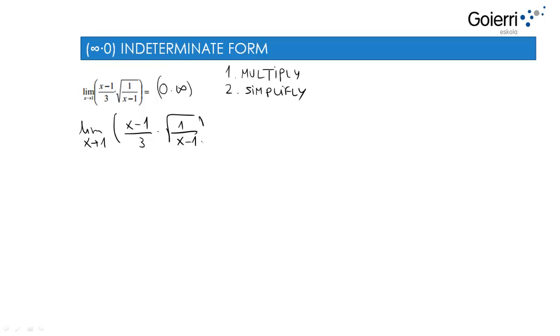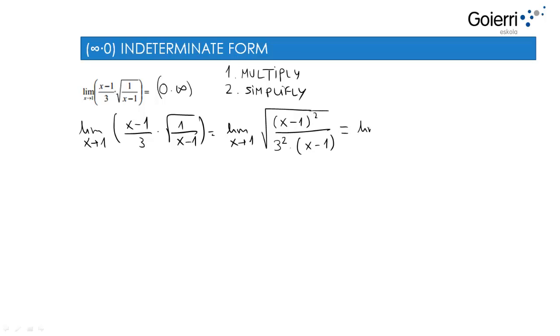Because in this example, when we multiplied these two terms, we have to take the first term and put inside the square root. So here we have the limit as x approaches 1 of a square root of x minus 1 squared divided by 3 squared times x minus 1.